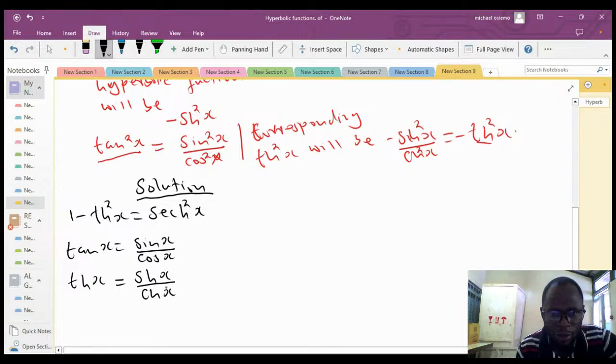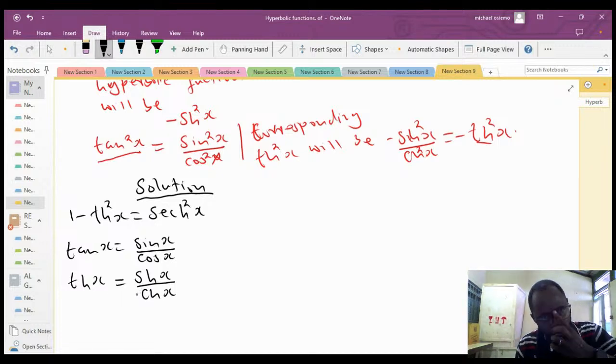Hyperbolic functions and trigonometric functions are related to some extent. We shall come to check on the relationship between them. But as we state that tan x is equal to sin x over cos x, it corresponds to tan hyperbolic of x being equal to sin hyperbolic of x over cos hyperbolic of x.